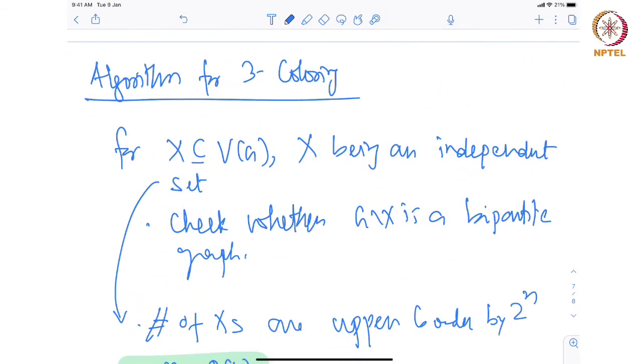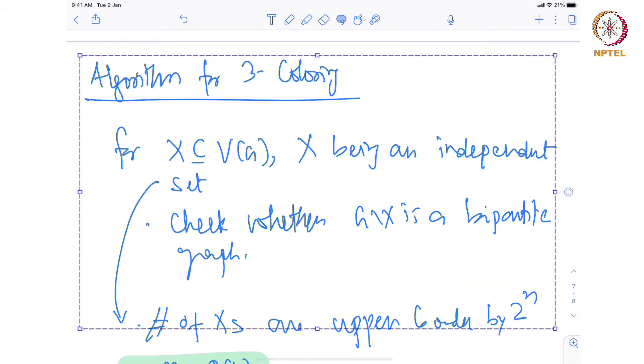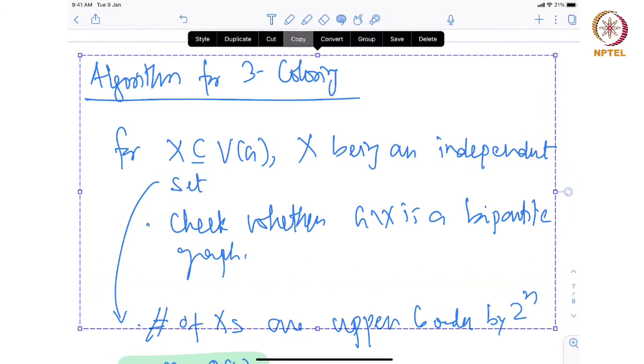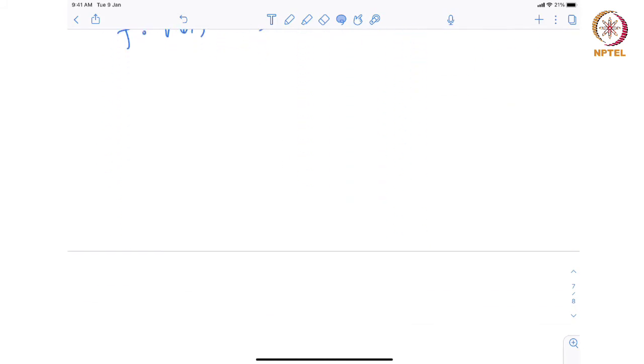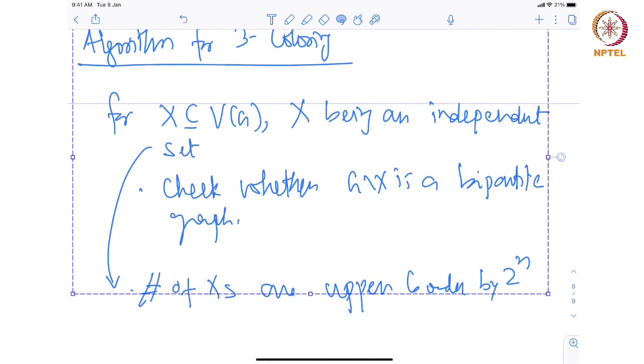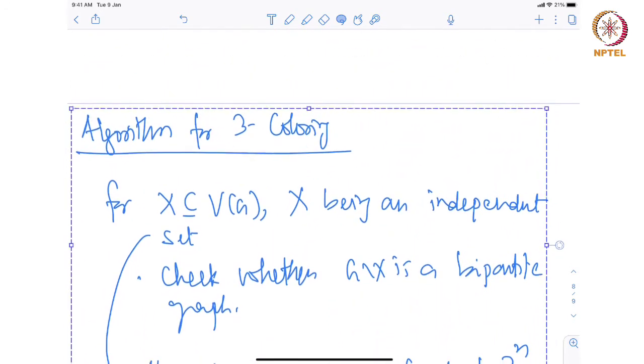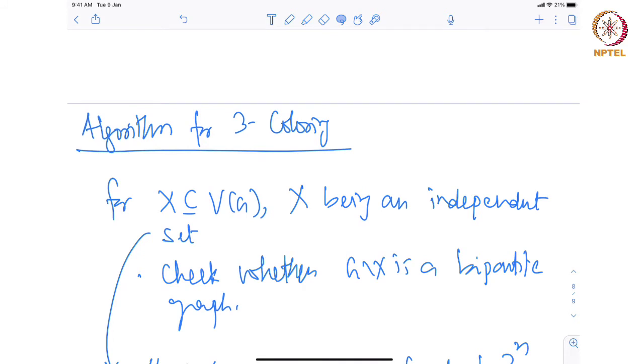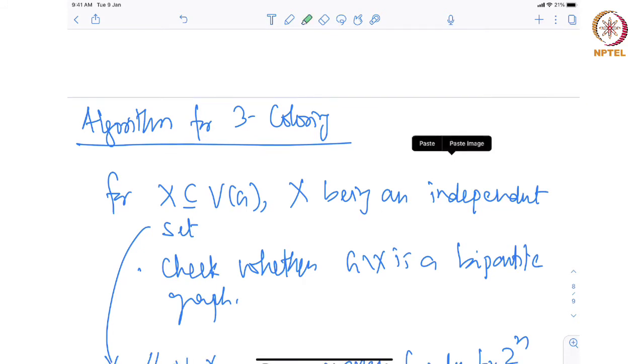So, now what can I do? Okay. So, now let us make an algorithm for 4 coloring.